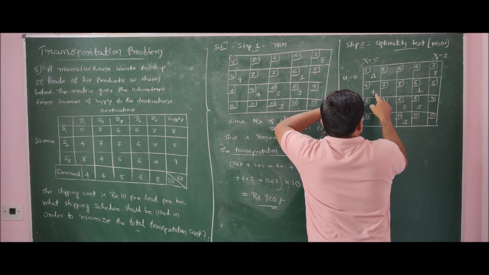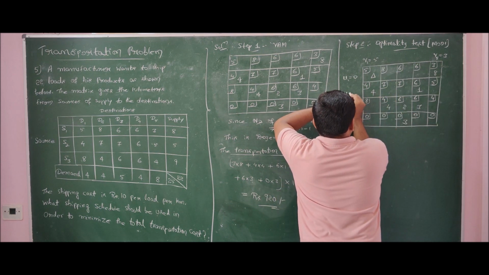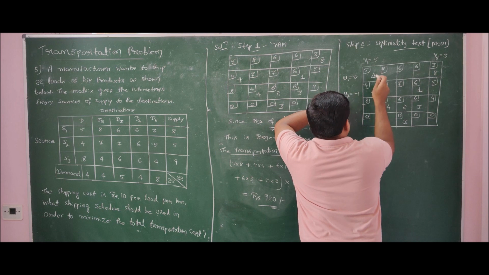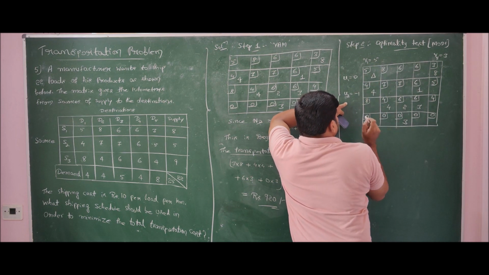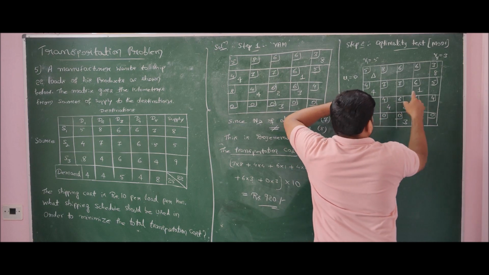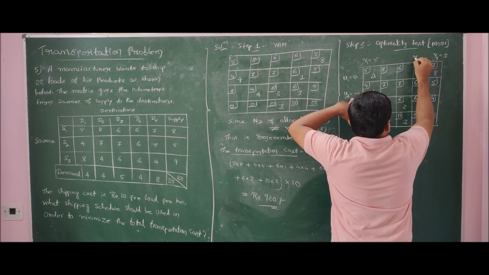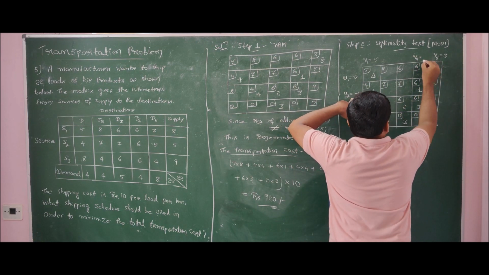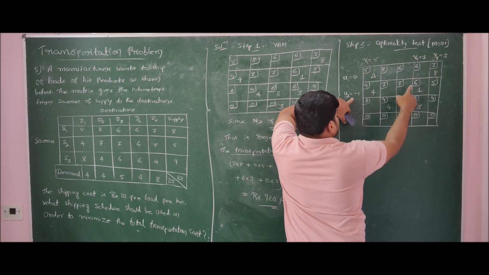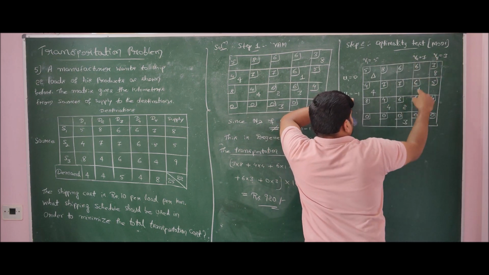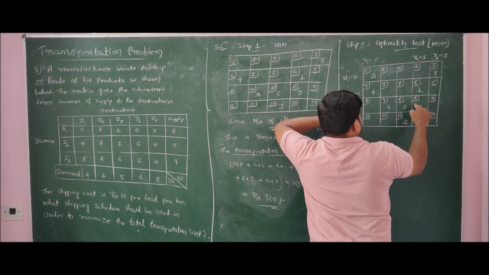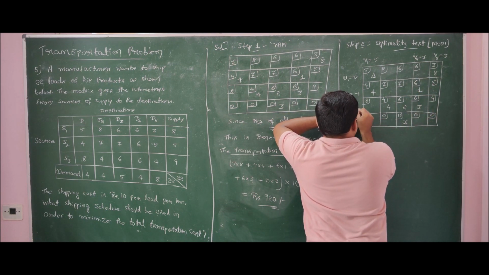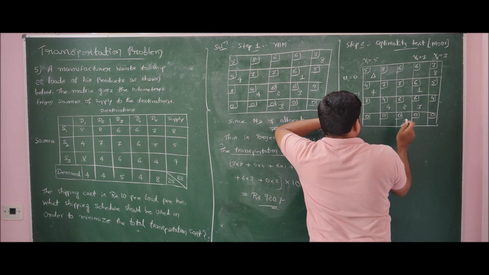Now we have V1, so I can find U2, which is equal to -1, because it is 4 and this is 5, so put together it should become 4. Now we have found u2, I can find v4. Since this is minus 1, this should be 7, 7 minus 1 is 6. Since v4 is known, I can find u3, whose value will be minus 1, because 7 minus 1 is 6.